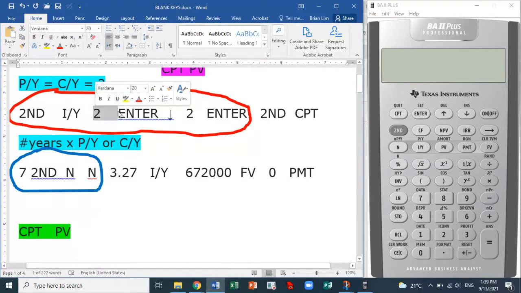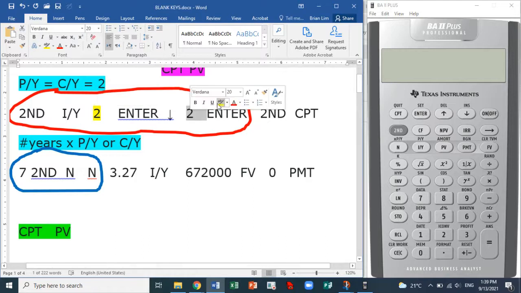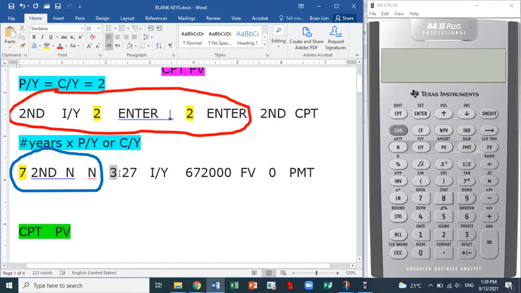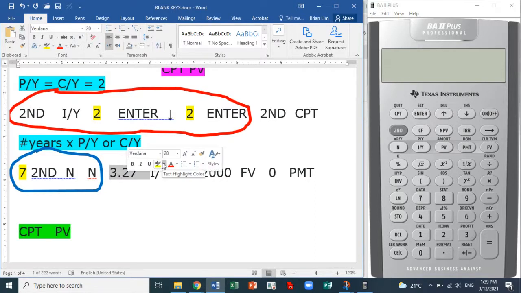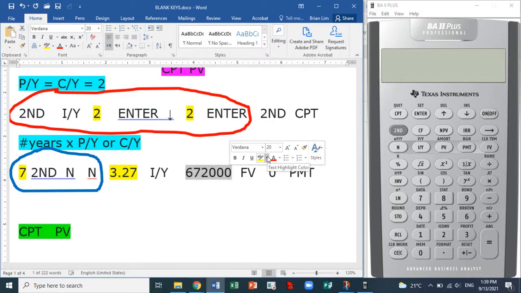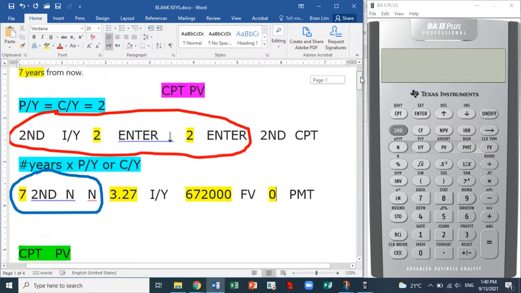Let's highlight what we need to highlight, such as this 2 for PY, this 2 for CY, the 7 for the 7 years, and 3.27% is the interest rate, and this here, of course, is the future value. Because there are no periodic payments, this number will be 0. And we compute the present value.